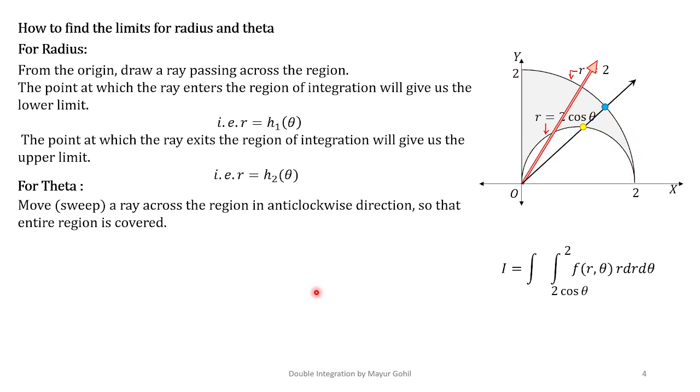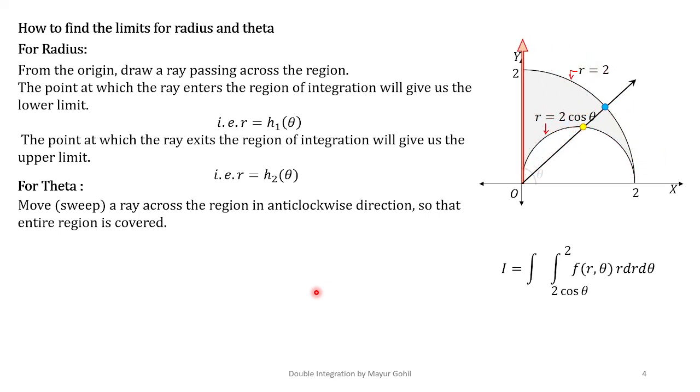You have to imagine this sweeping of the arm right from the 0-degree angle, because our theta always begins from 0. If it is some other kind of region, start from where the region begins, or generally we start from 0 degrees. Let me show you once more.